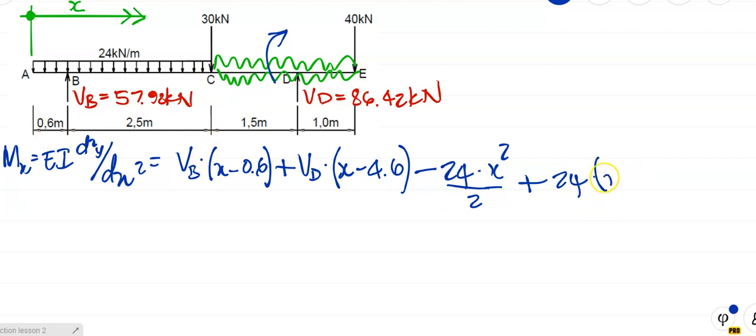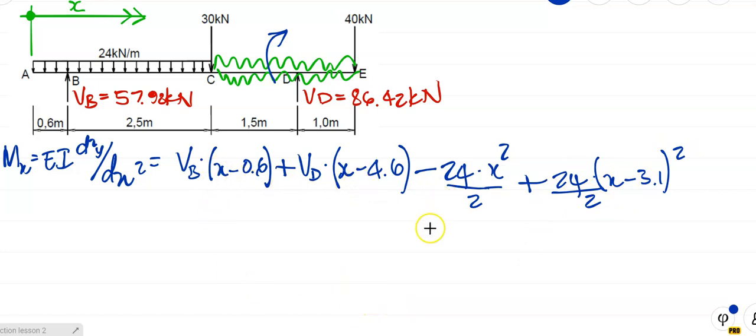But remember, that's a force. That's just the UDL times the distance. We want the UDL times the distance times half the distance. So it's 24 times x minus 3.1 times x minus 3.1 over 2. So it's going to be squared over 2. Okay, right. Did you get that?